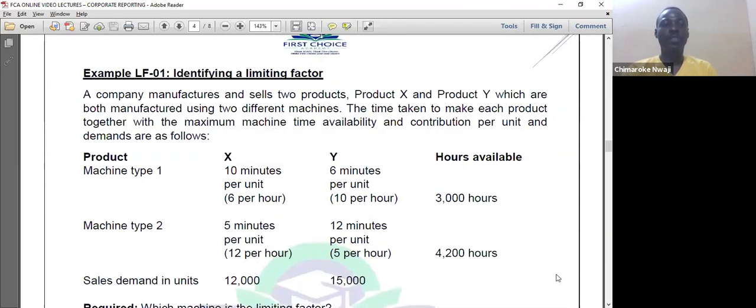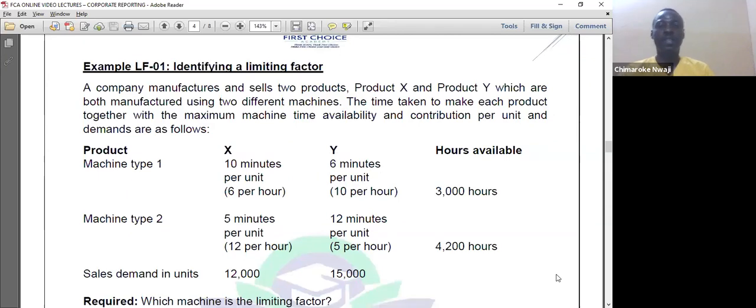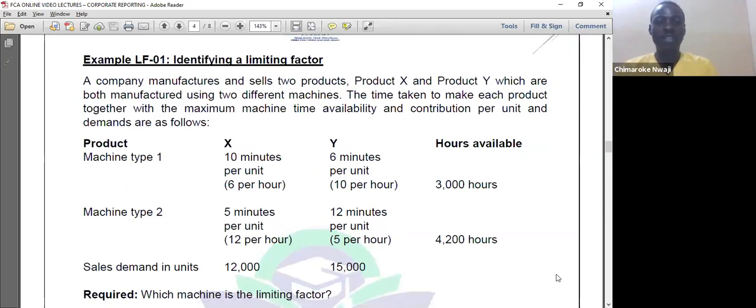Now, this question says a company manufactures and sells two products. Typically in your exams, you are going to be seeing a limiting factor question where there are 2 or 3 products, a minimum of 2 and a maximum of 3.